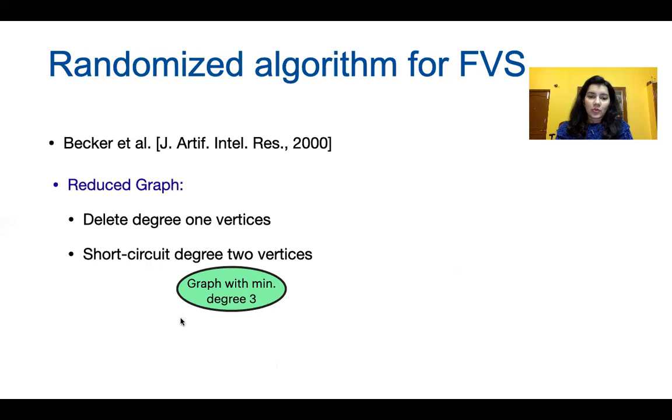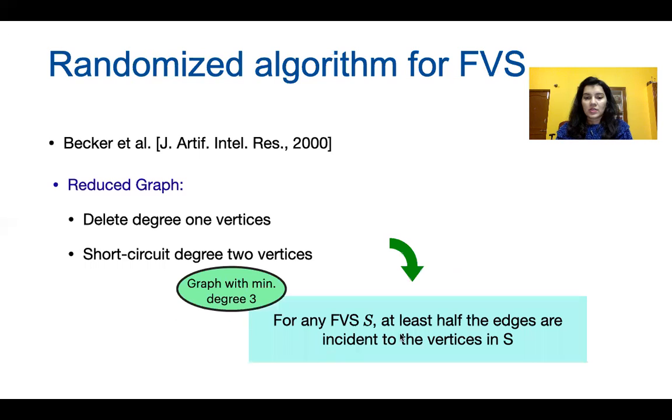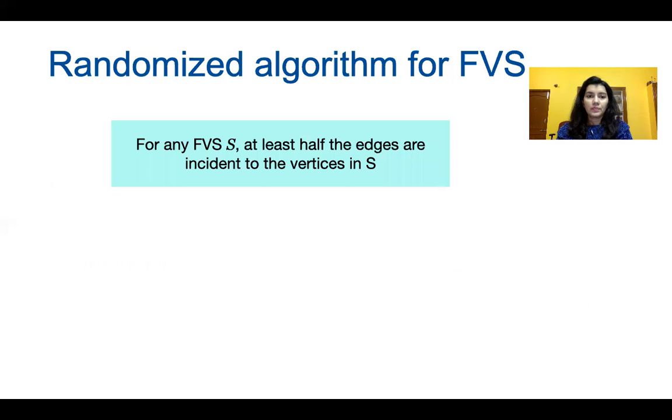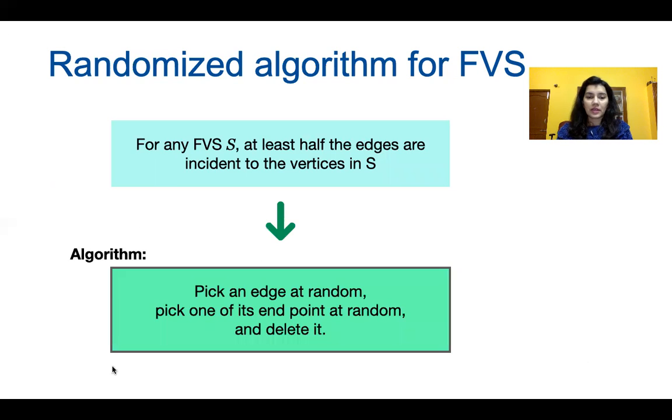So for a graph with minimum degree 3, there is a property which is that at least half of the edges are incident to the vertices of S, where S is any feedback vertex set. This property is very useful because owing to this, we immediately get a randomized algorithm: you pick an edge at random, pick one of its endpoints at random, and then you just delete it.